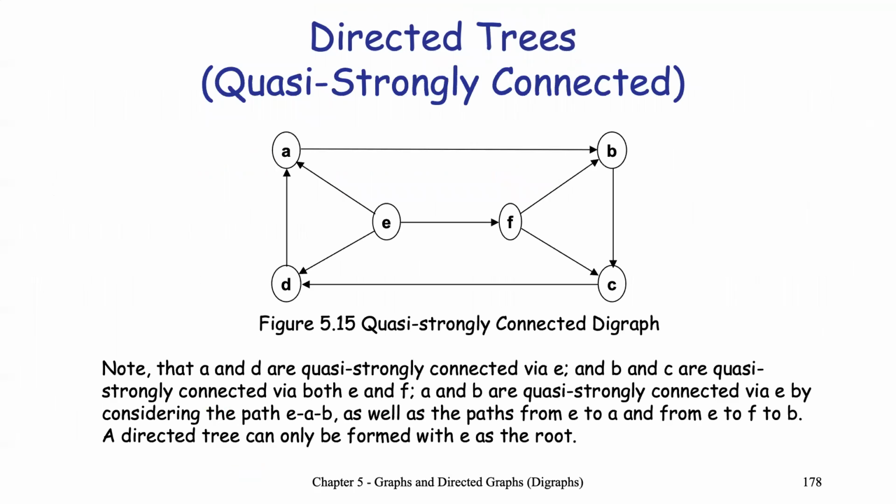Here is an example, in terms of directed trees, of a quasi-strongly connected digraph. Note that A and D are quasi-strongly connected via E, and B and C are quasi-strongly connected via both E and F. A and B are quasi-strongly connected via E by considering the path EAB, as well as the paths from E to A, and from E to F and to B. A directed tree can be formed with E as the root.